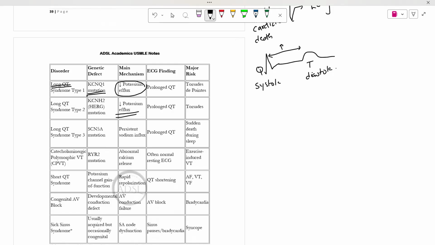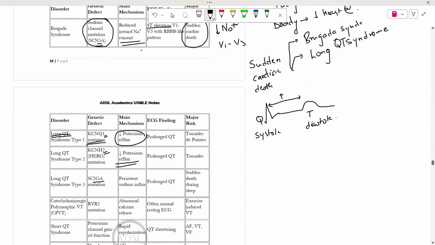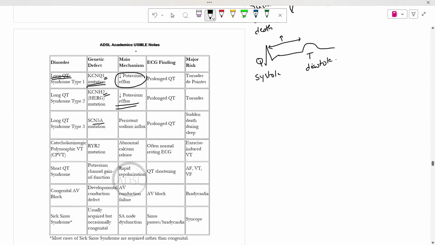Now there are three types. There is the KCNQ1 mutation, then there is the KCNH2 mutation, and there is the SCN5A mutation. Here also it is SCN5A mutation. In Brugada's this caused decreased sodium current, whereas here you are going to see a persistent sodium influx.